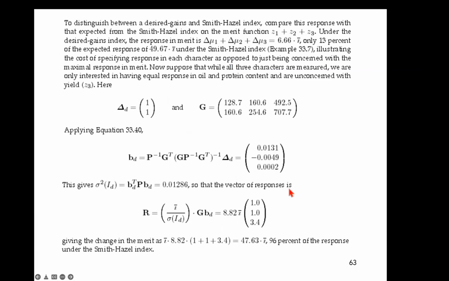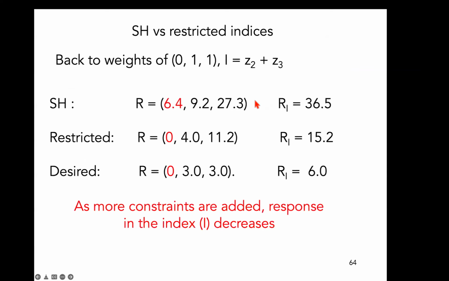So what would happen if I would put desired gains on? Remember my scenario before, we don't want oil to change. We want to maximize protein plus yield. If I use Smith-Hazel weights, my response in what I want is 37, but I get a big response in trait 1. If I use a restricted index, so I'm trying to maximize this sum and have trait 1 not change, I get a response in 15.